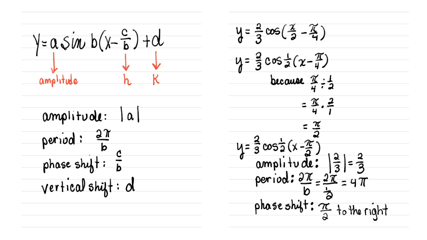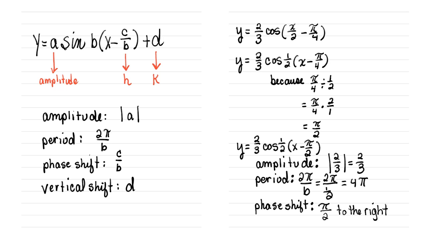So taking a look at y equals 2/3 cosine of x over 2 minus pi over 4, we're going to have to factor out the 1/2. Let me take a look at this and I'm going to go back. Okay, I see what I did. I was showing you the work.